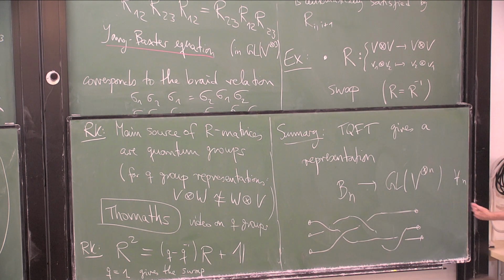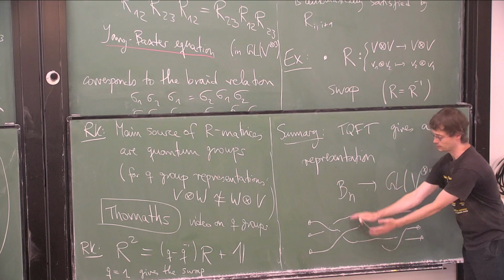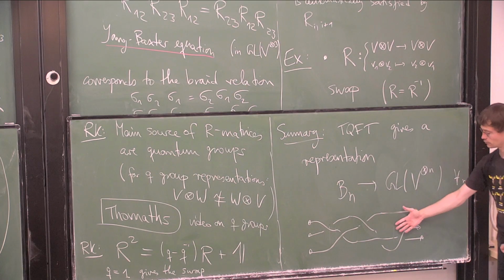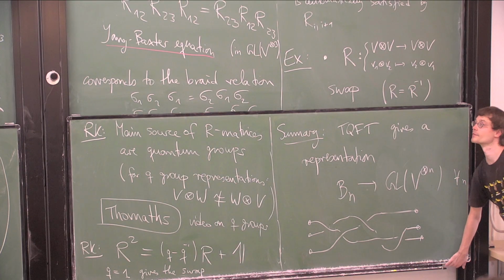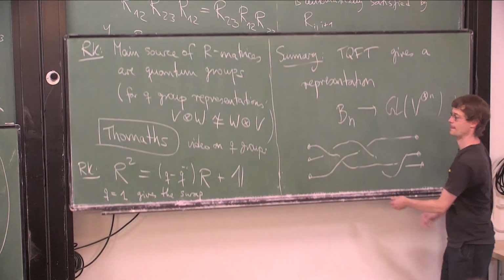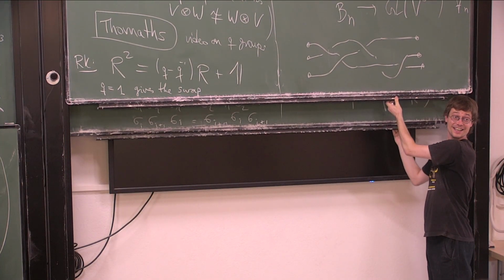You just scan through the braid and it gives you a linear map. And the Yang-Baxter equation ensures that the braid relation is satisfied. If you take two different braids which are isotopic to each other, then you get the same linear map.